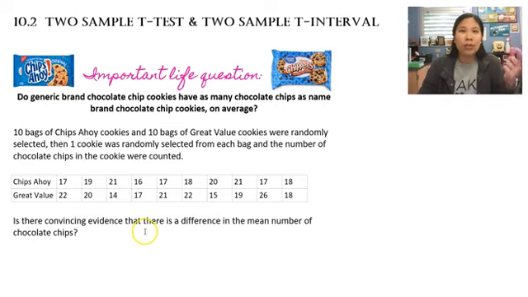The matched pairs was where they took two different sets of data, like a before and after, and subtracted each of the values to make one new data set of the differences. Well, here it wouldn't make sense because we aren't just comparing cookie to cookie, we are comparing one brand of cookie to another brand of cookie. So as a whole, on average, is the average number of chocolate chips of Chips Ahoy going to be different from the average number from Great Value?